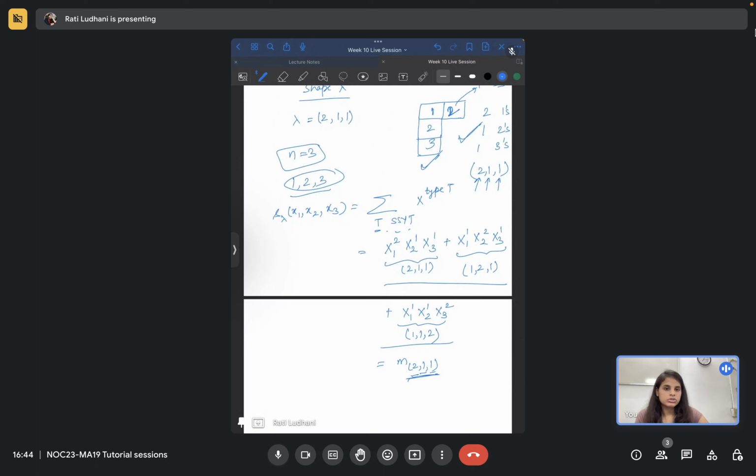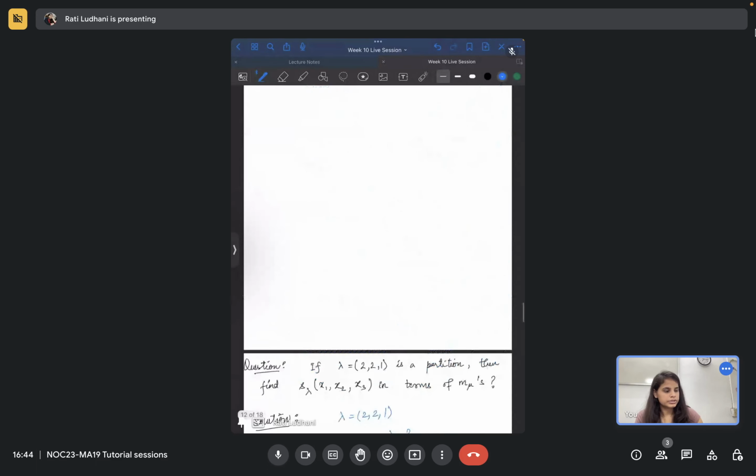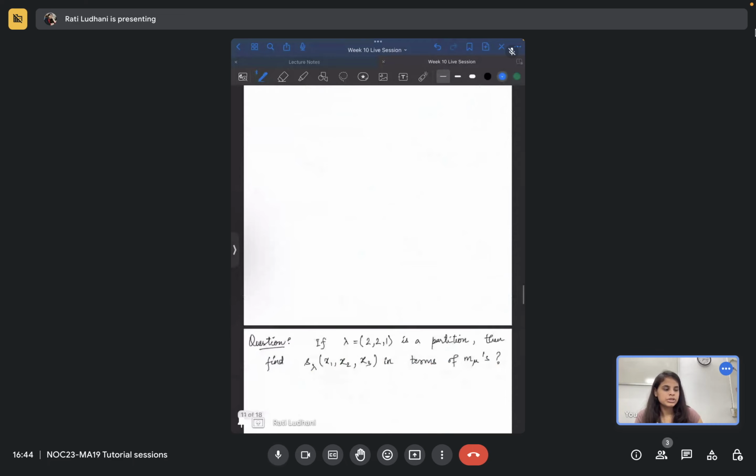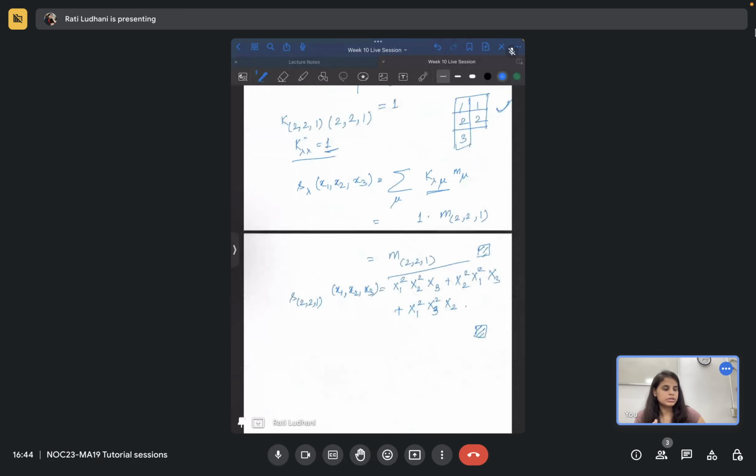So you will get a non-zero number when mu is 211. As in this question, you get it in terms of monomials, and this is the same thing as writing it in terms of x's.